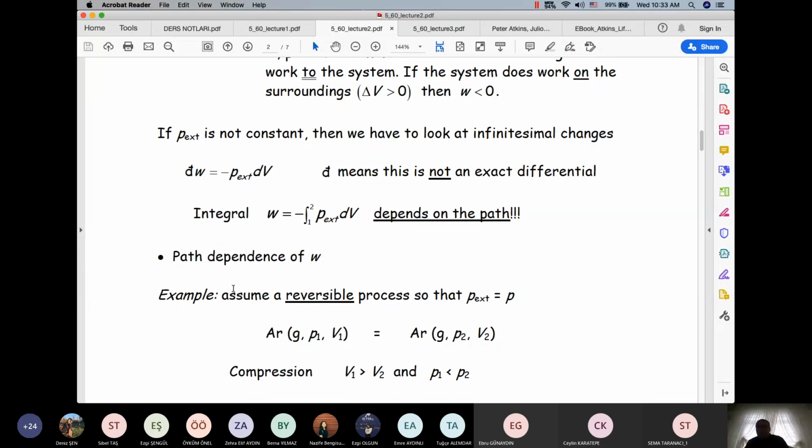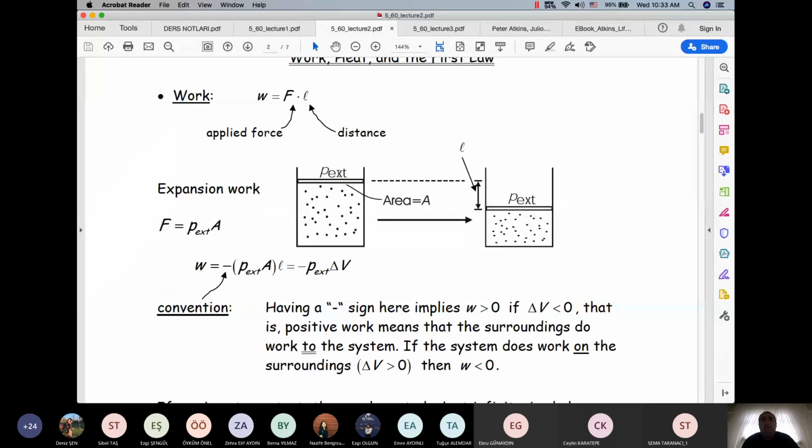If we have a reversible process, we said that the pressure of the gas inside and the external pressure are equal. When they are equal, they are at equilibrium.